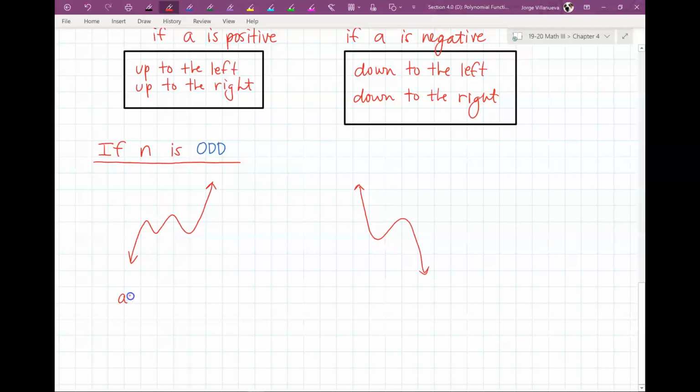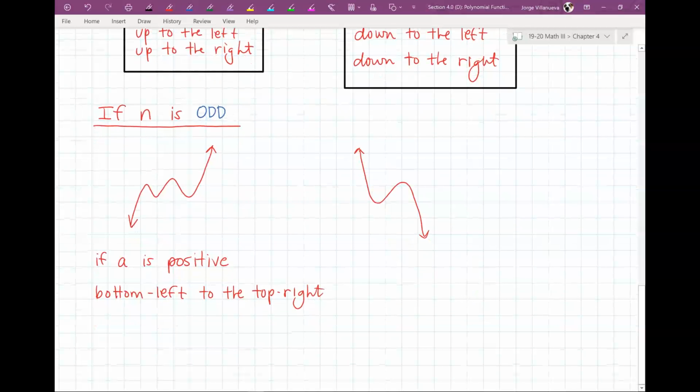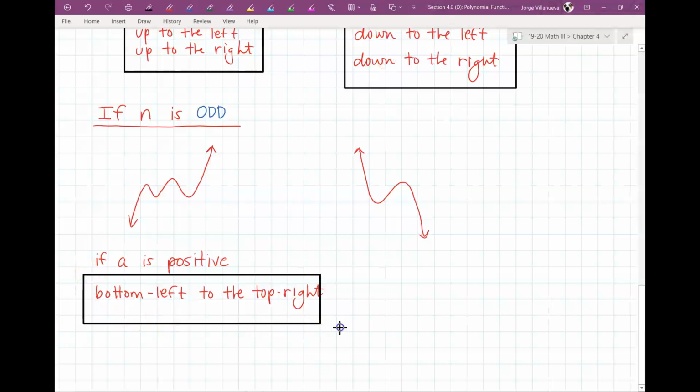So if A is positive, it's going to go from the bottom left to the top right. So bottom left to the top right. That's the end behavior. It starts at the bottom left, and then it does whatever it has to do, and then it goes to the top right, okay?